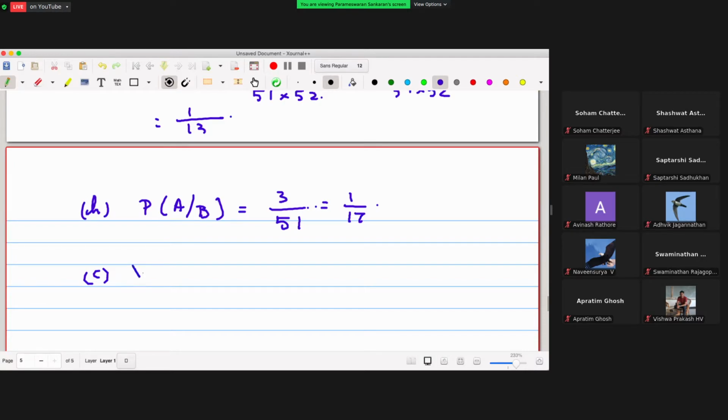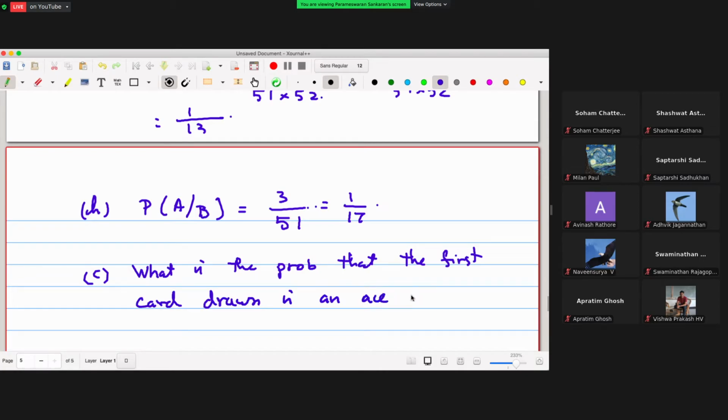So what is the probability that the first card drawn is an ace, given that the second card drawn is an ace?